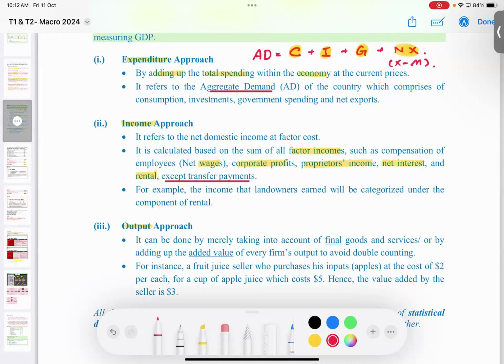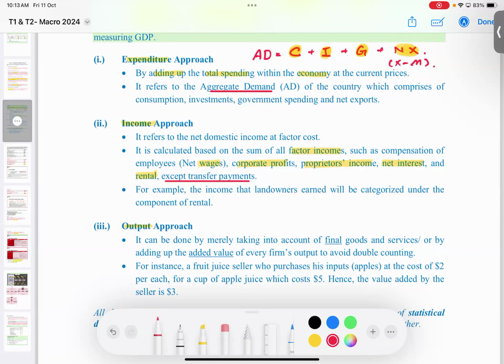Because transfer payments are the financial assistance given by the government to help those in need, for example unemployment benefits, social security benefits, pension benefits, and retirement benefits. All these are money given by the government to the people without any goods and services in return. The government gives money to people who are poor or unemployed, but is there any goods and services in return? No. So why do we record it in GDP?